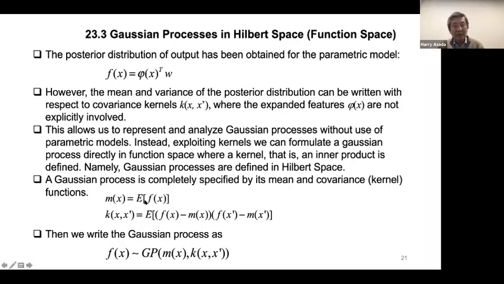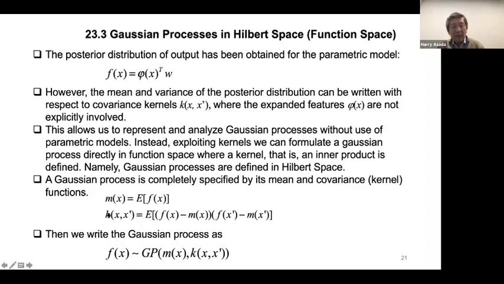So the mean is the process mean, and the covariance is given by the Gaussian process F minus M. Remember that F is a random process, random variables, each of them, right? Minus M, and then it's paired.